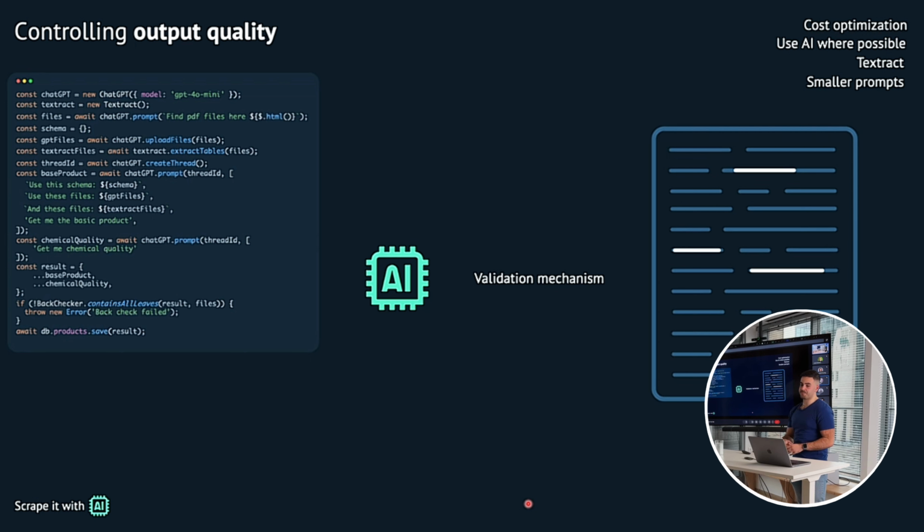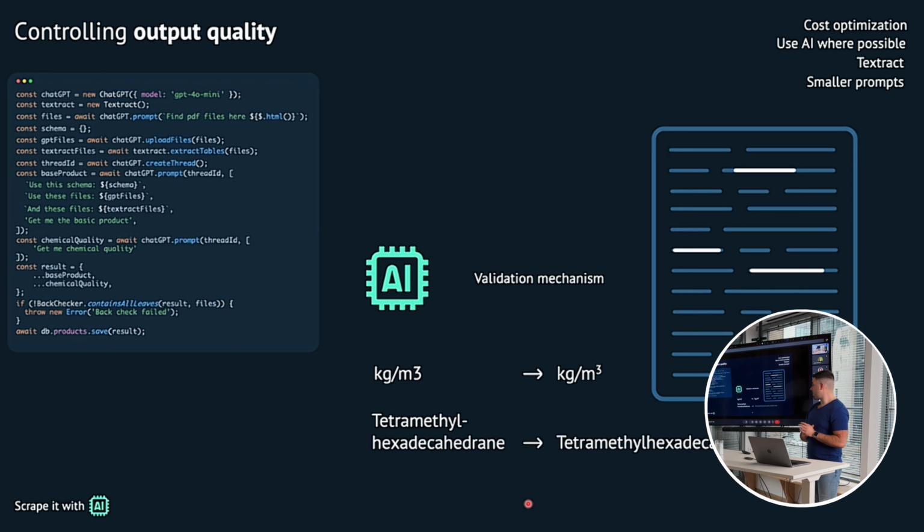Because there might be some cases where backchecking is not enough. These cases could be something like units, because if you have kilogram per meter cubed, it's obviously the same as kilogram per meter cubed. The only difference is that the 3 in the first example is written in standard casing, whereas in the second example it is a subscript.